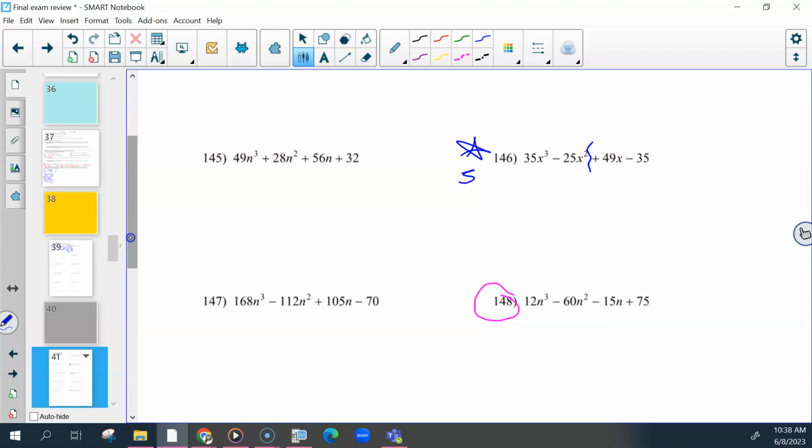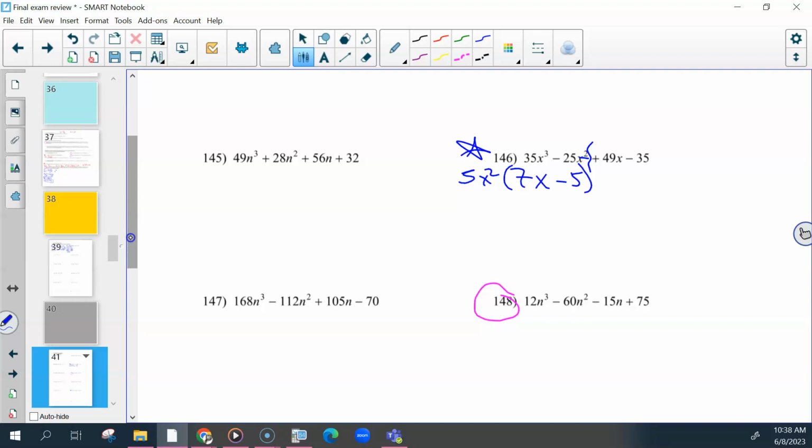They both have x's. Lowest exponent is 2, so x squared. And then divide out what's left. 7, subtract your exponents. This would be negative 5, and then there would not be any x's.